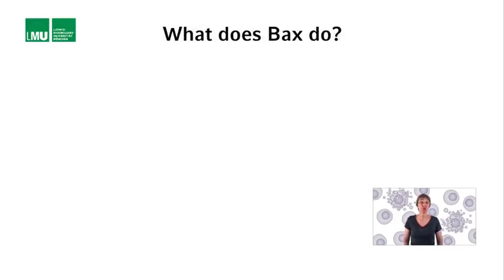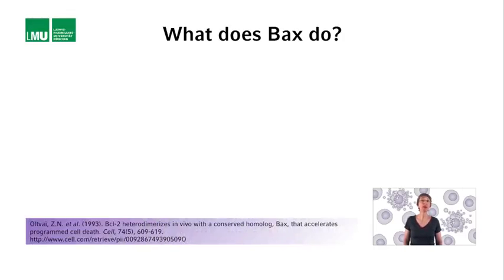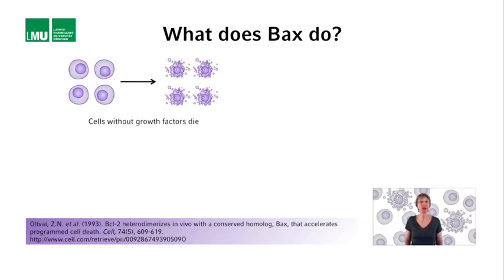What does Bax do? Does it also block apoptosis just like BCL2? To find out, Korsmeyer and colleagues generated cell lines in which they could express Bax using a viral promoter. They then tested the viability of the cells after the removal of growth factors. Remember, normal control cells die by apoptosis when the growth factors are removed from the medium in which they are cultured.